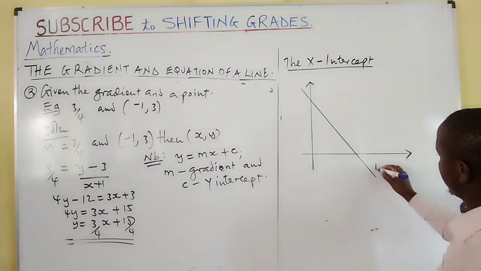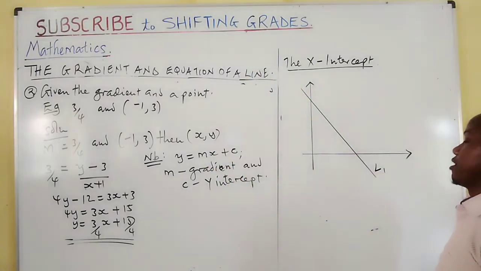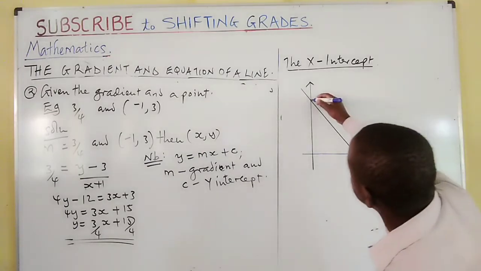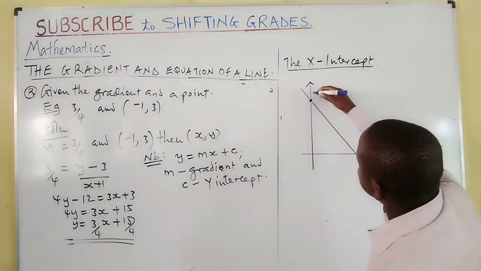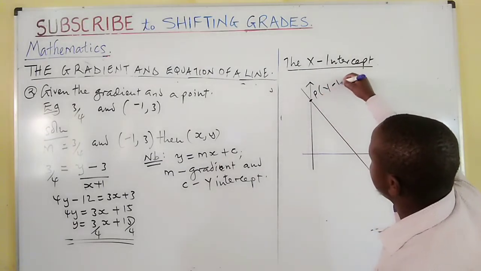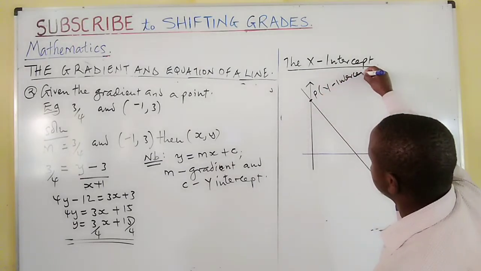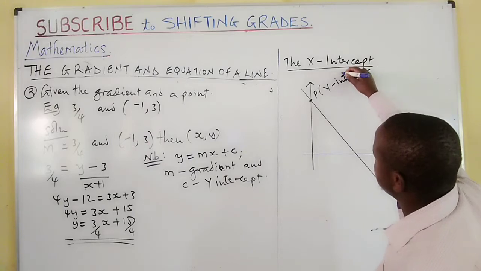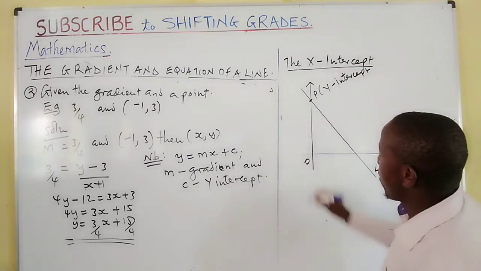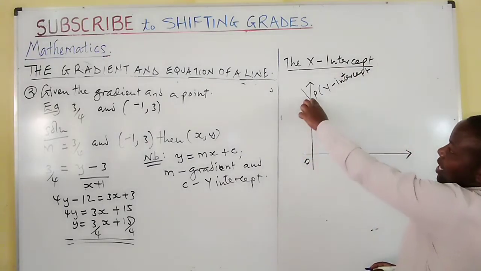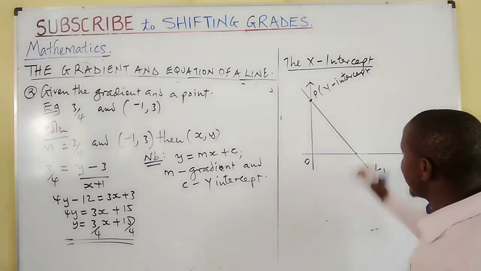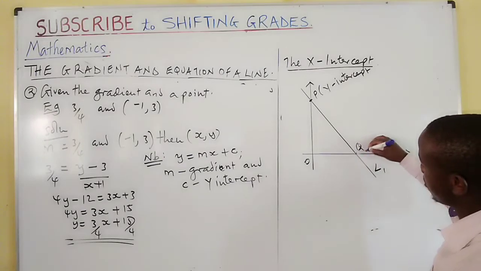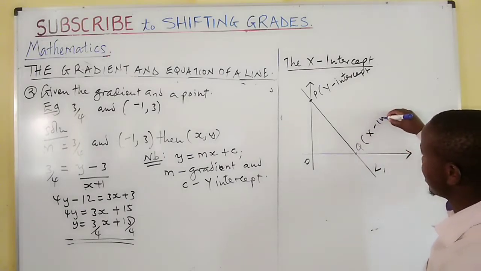You find this line is cutting the y-axis somewhere there. This point P is called the y-intercept, and at this point, where the line is cutting the y-axis, x is always 0. Then, where it cuts the x-axis, point Q, is called the x-intercept.